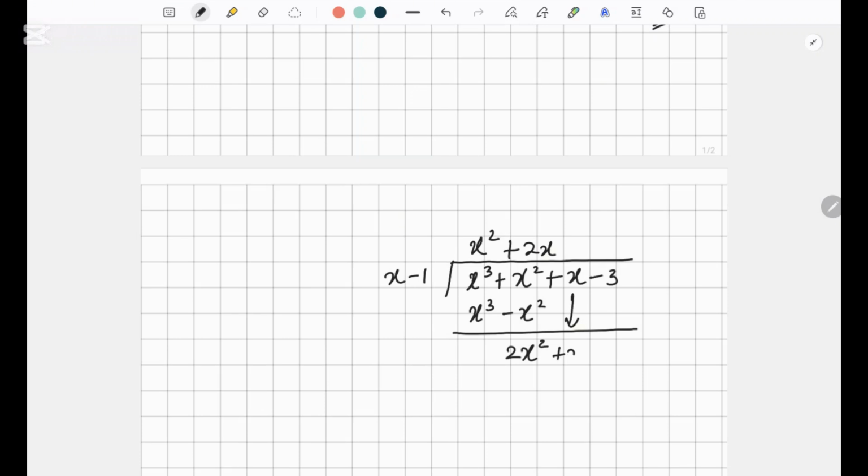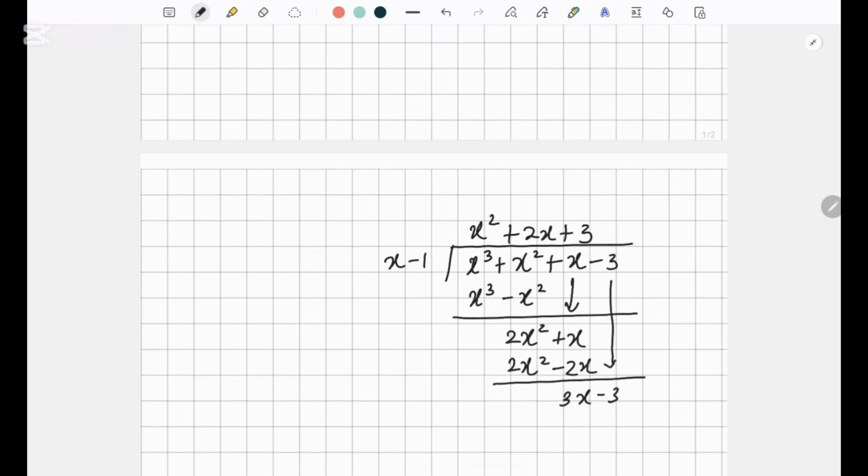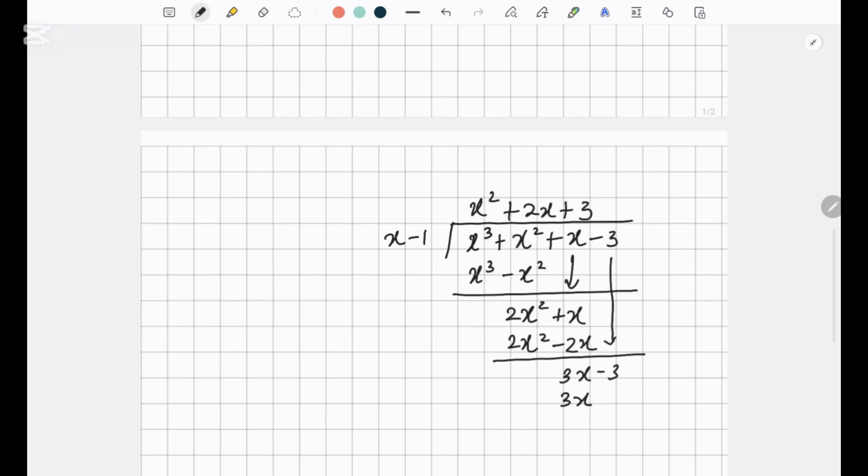This x should come down, by the way. So then 2x into x is 2x squared. 2x into minus 1 is minus 2x. x minus 2x is 3x. The minus 3 comes down. 3x divided by x is plus 3. 3 into x is 3x. 3 into minus 1 is minus 3.